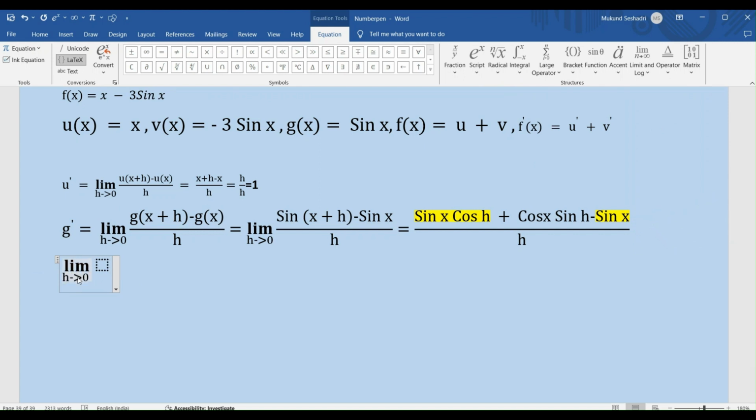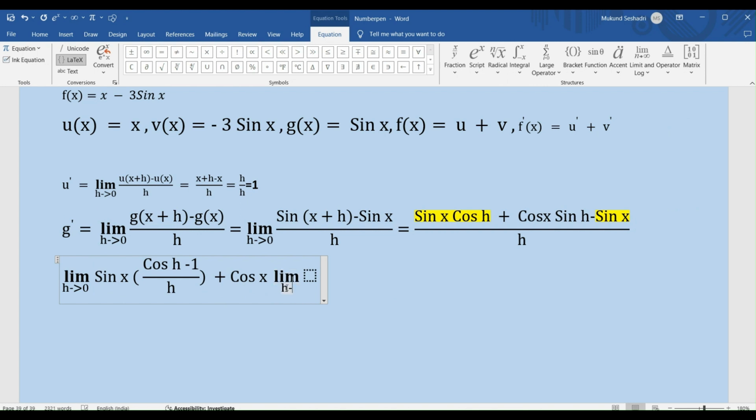I'm going to combine sine x cos h and minus sine x, which means I can pull out my sine x, which is a common factor, and then I have cos h minus 1 divided by h, right? I have my second part of the expression, which is, again, I can pull out the expression which is independent of h. Remember, folks, independent of h.